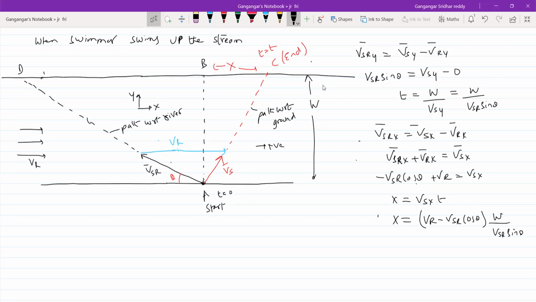You ask the swimmer, and the swimmer says that I'm moving along AC. Then on the bank, what do you say? No, you're moving along AC. Tell me who is right. I think nowadays we have mobiles, no? So let the swimmer carry a mobile which is waterproof.